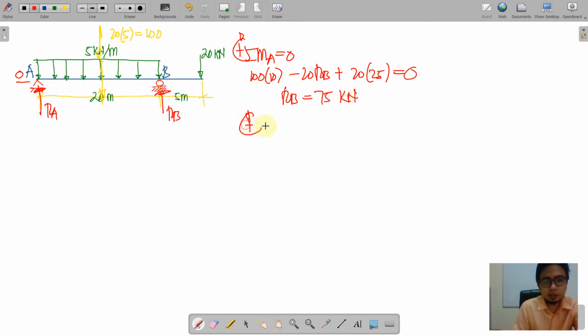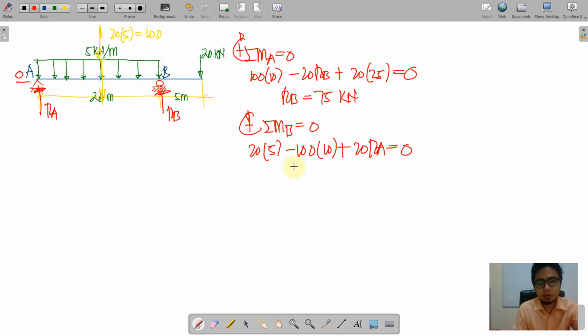So for the other reaction, we are going to take moments at the other support. Summation moments at B is equal to 0. We have 20 times 5 minus 100 times 10 plus 20 times RA is equal to 0. We have RA equal to 45 kilonewtons.